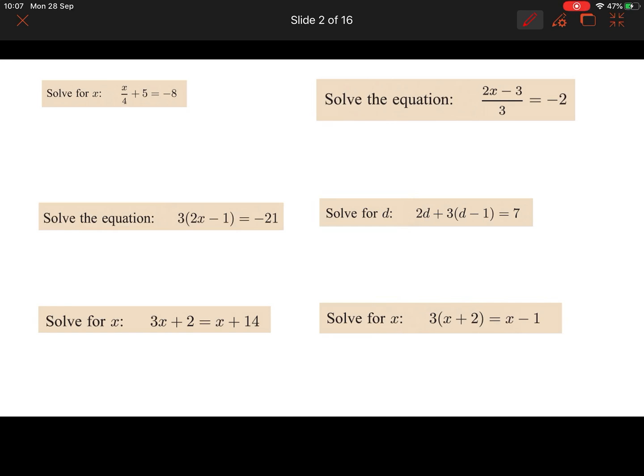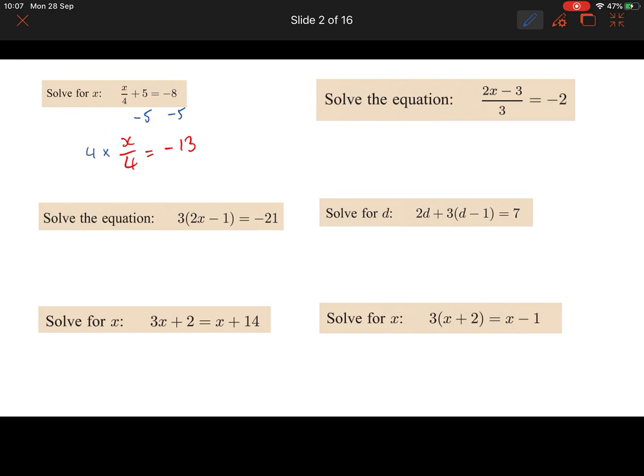So the first one, x over 4 plus 5 equals negative 8. The first thing you need to do is take away 5 from both sides of the equation. So you're going to get x over 4 is equal to minus 8 minus 5, which is negative 13.